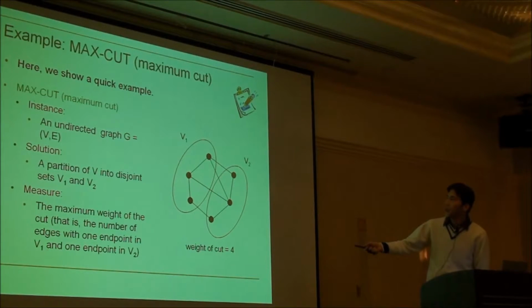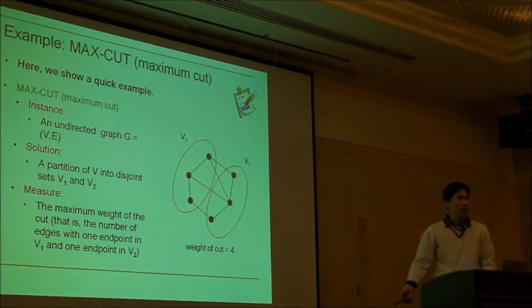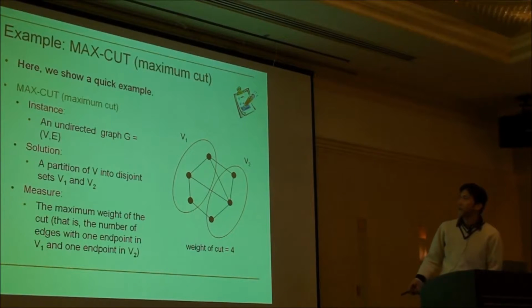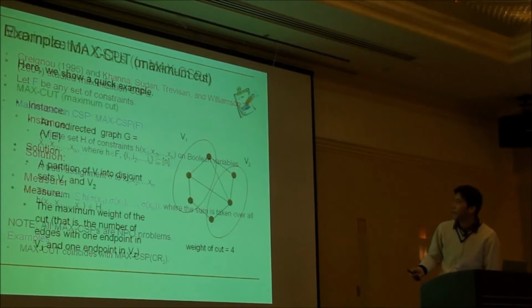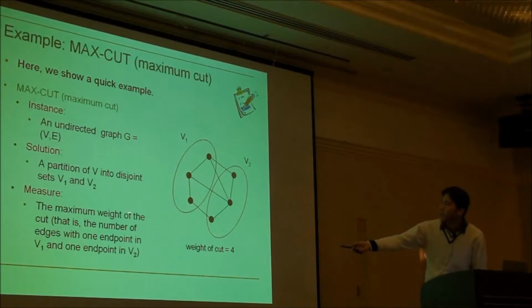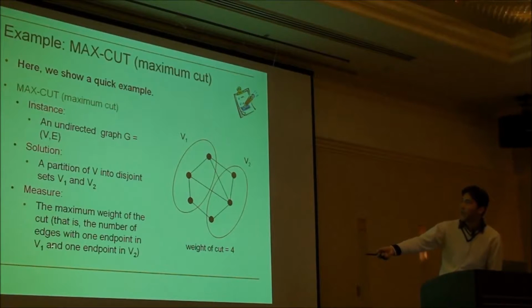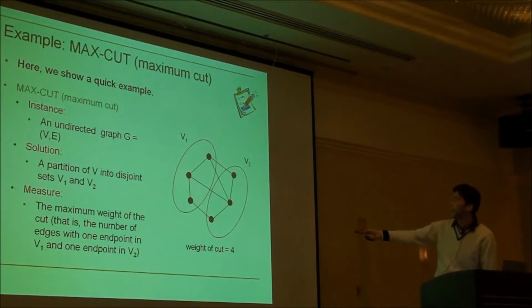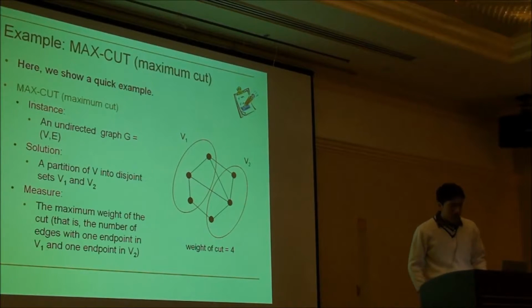The task is to choose the partition so that the maximum weight of the cut is achieved. Here the weight of the cut is the number of edges crossing between the two sets. In this particular case, we have 4 edges crossing the border between V1 and V2, so the weight of the cut is exactly 4. And it turned out to be the optimum.